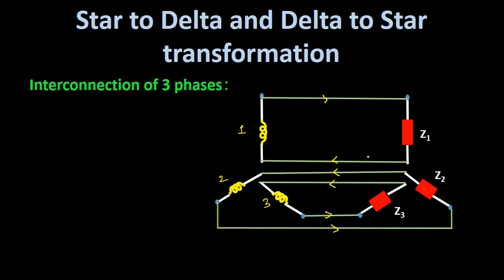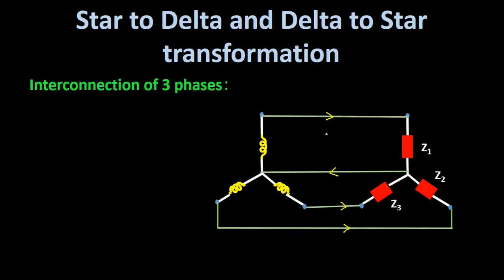If we closely see this image, then we can see that these return wires are there, and if we combine these return wires into a single wire, then the number of wires can be reduced to a greater extent. Here we combine those three return wires into a single return wire, and this single return wire is called the neutral wire.